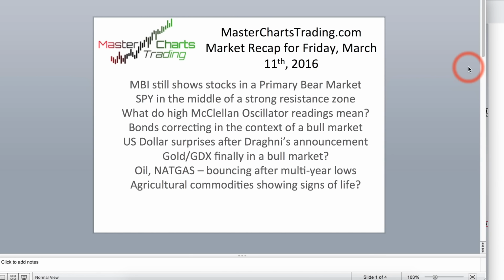The dollar has surprised many observers after Mario Draghi's announcement this week. We'll look at gold and GDX and see if it has finally entered a bull market. Oil and natural gas are bouncing off the multi-year lows. And finally, we'll take a look at agricultural commodities, which may be showing signs of life.